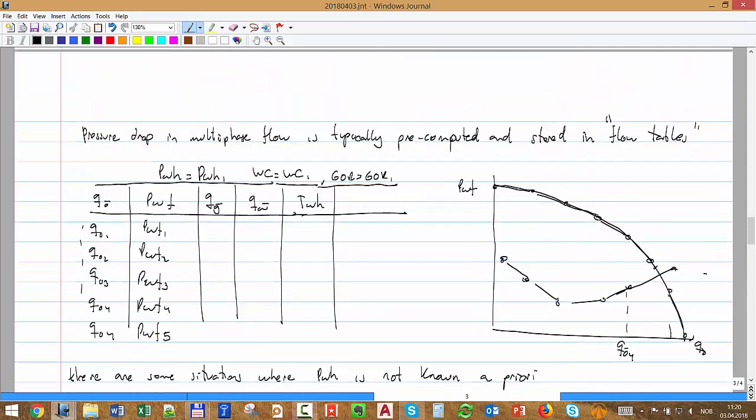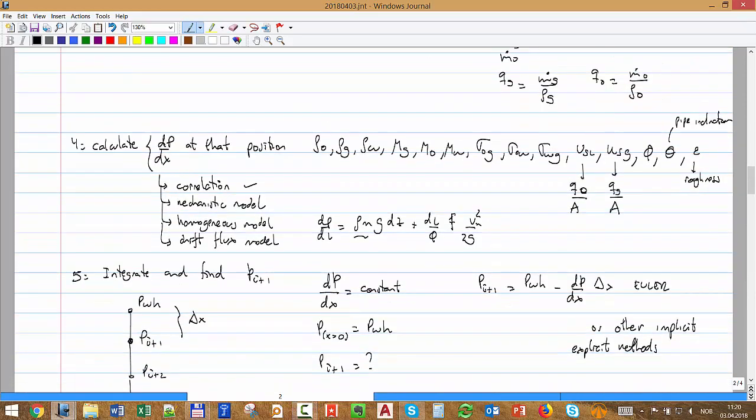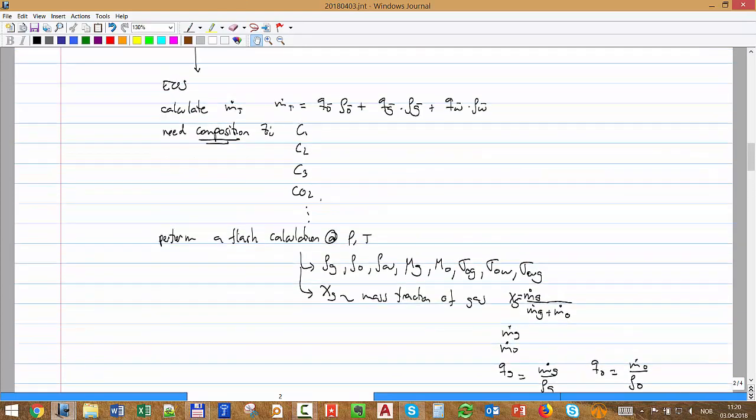So always, you have to be sure that the model you use is matched with the data that you measure. You usually have wellhead pressure, for example, or separator pressure across a pipe, so you can use that to improve your model, or to tune your model to the data that you have.